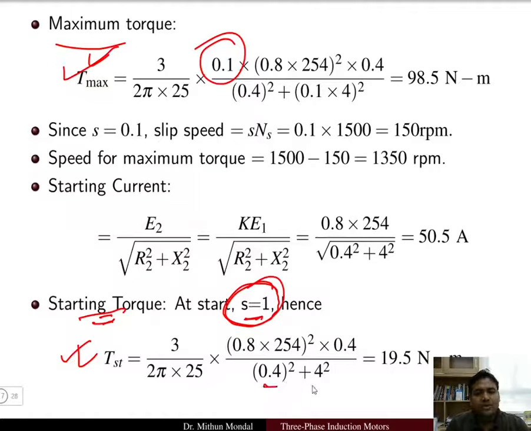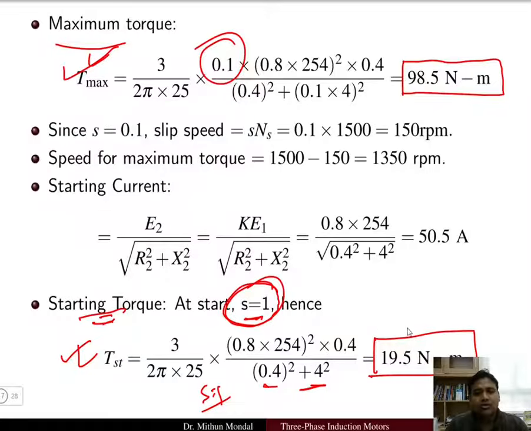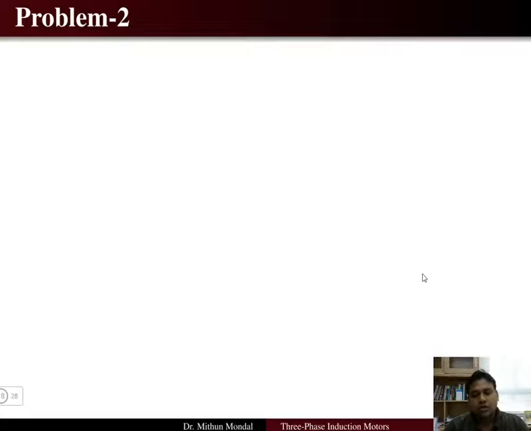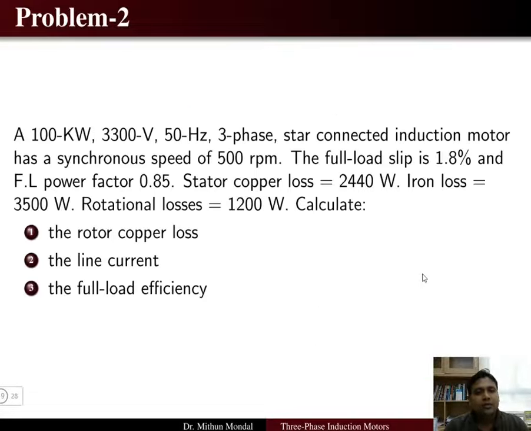Then rotor resistance and reactances will be there. Only thing is that slip will be 1, and for that we get the starting torque as 19.5 Newton meter. So we can see that the maximum torque is 98.5 Newton meter and the starting torque is 19.5 Newton meter. So let us see the second problem then.